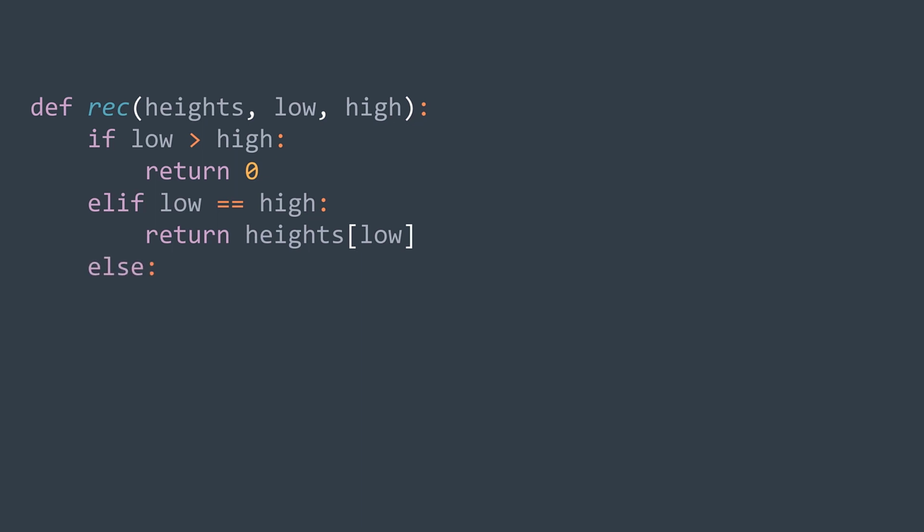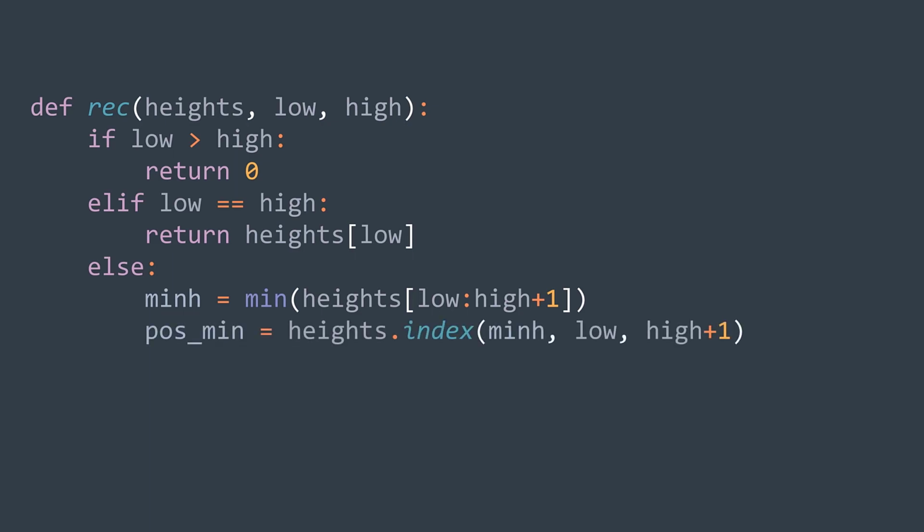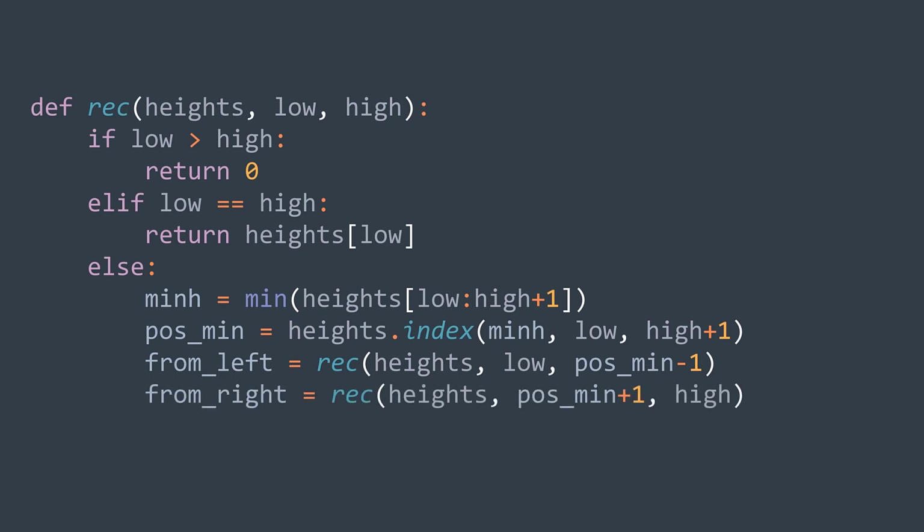We start by calculating the position of the shortest bar in the actual part. For that, we calculate the smallest height in the actual part, between low and high inclusive, then we search for its index, in the actual part again. Now that we have it, we recursively search for the greatest area in the left and right sides.